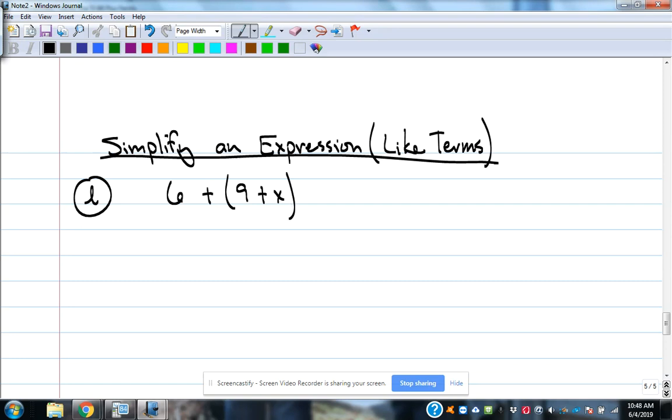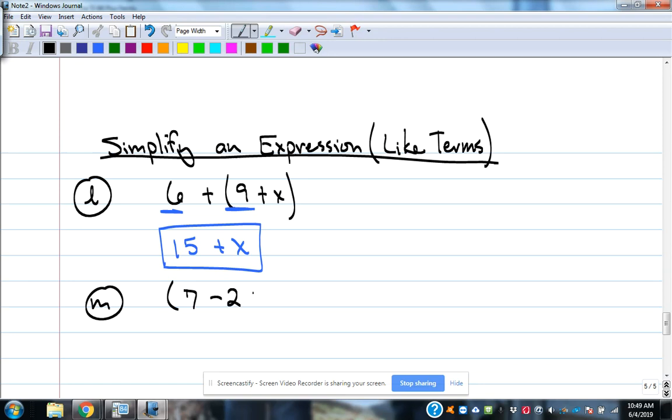That's like terms for this one. 6 and 9 are both plain numbers, so they're going to go together. So 9 plus 6 would be 17, or excuse me, 15. 15 plus x. You combine the like terms. That x doesn't have anybody else that's like it, so it just goes on the end there. If it doesn't have a like term, it just kind of copies down.